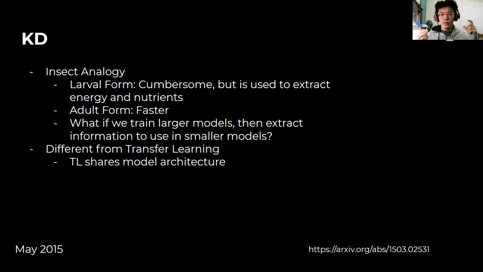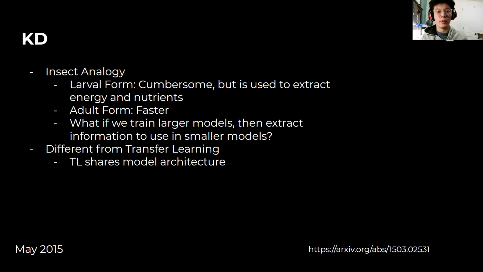Basically, the larval form represents a big chunky model, and the adult form is a smaller model that would perform better at inferencing in terms of speed, while retaining the accuracy and metrics of the larger model. And I thought that's pretty cool.